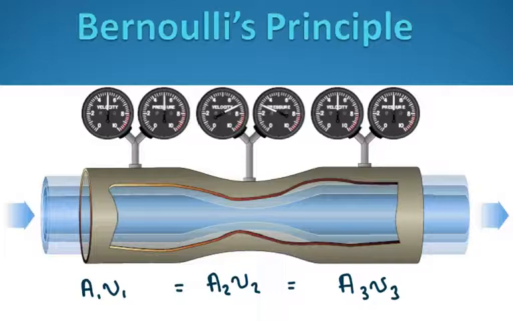In this picture, it looks like area 1 and area 3 are the same, so I can just ignore that part. And here I see that area 1 is larger than area 2, the cross-sectional area.